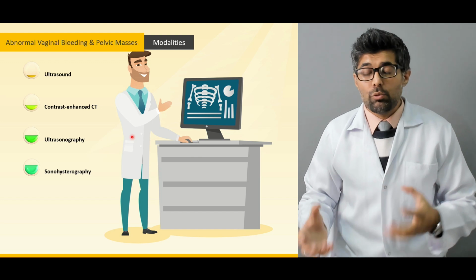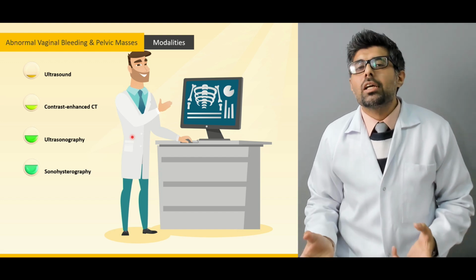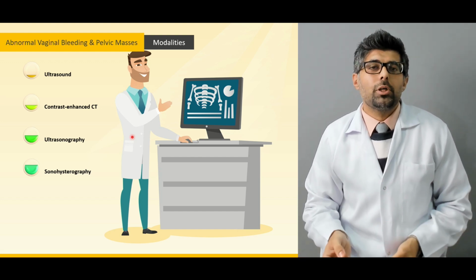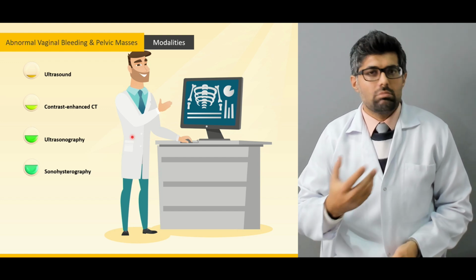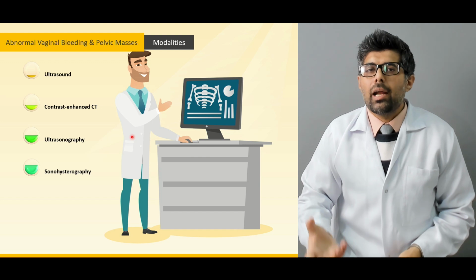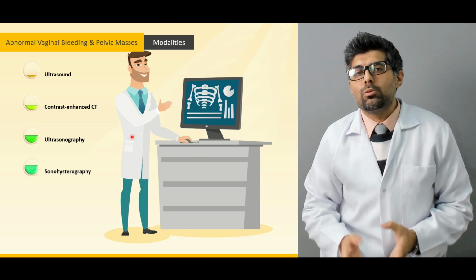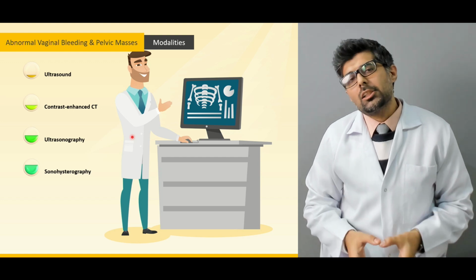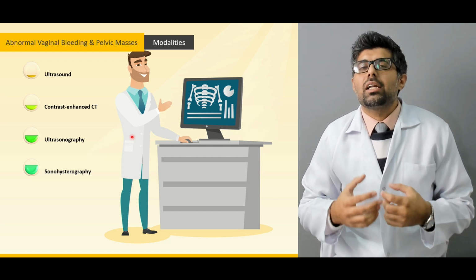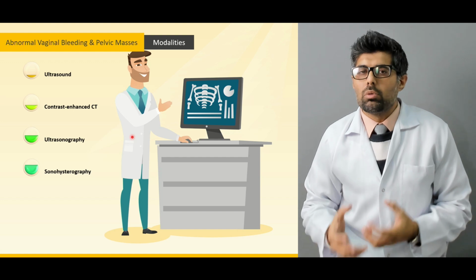Now, if it is moving into the peritoneal cavity, it means that fallopian tubes are patent, they might be viable, and we can also deduce the structure of the uterus. It is a very inexpensive technique and can easily be done in a normal setting.